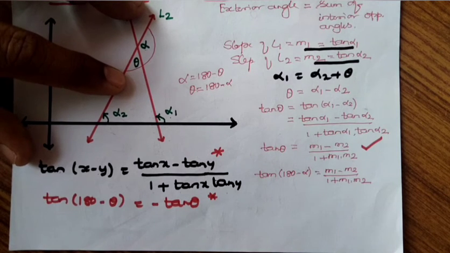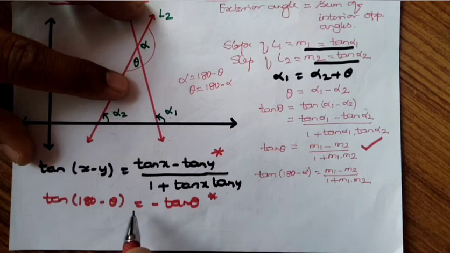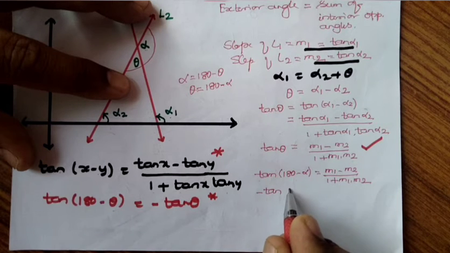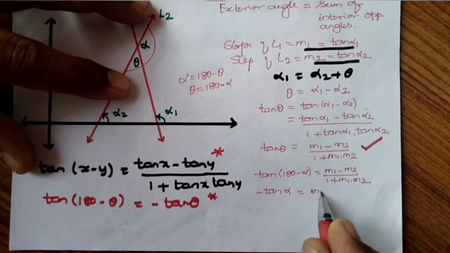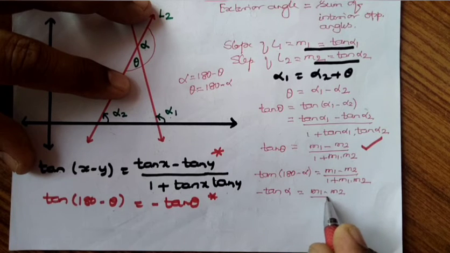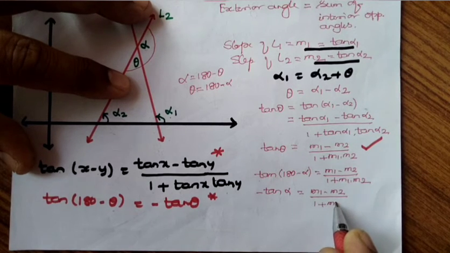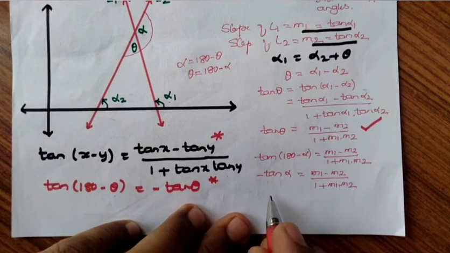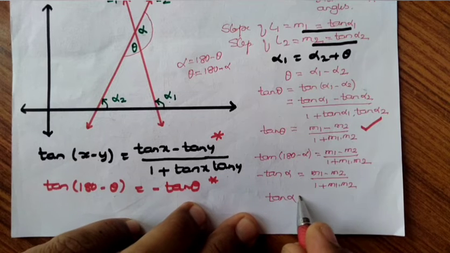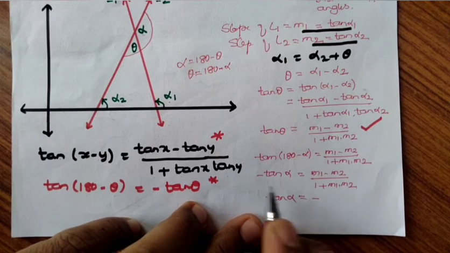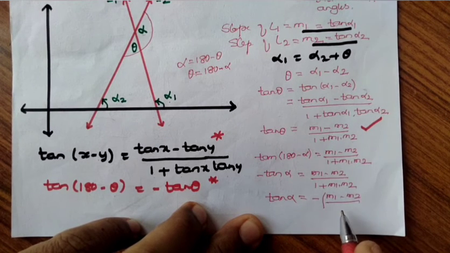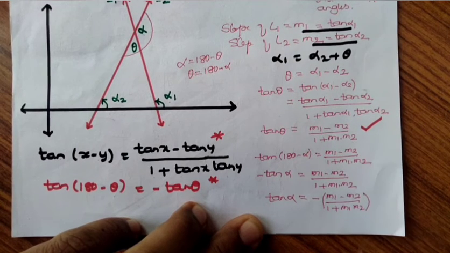Okay, so here tan of 180 minus alpha, according to this formula, would be minus tan alpha, that is equal to m1 minus m2 divided by 1 plus m1 into m2, or tan alpha equals minus of m1 minus m2 divided by 1 plus m1 into m2.